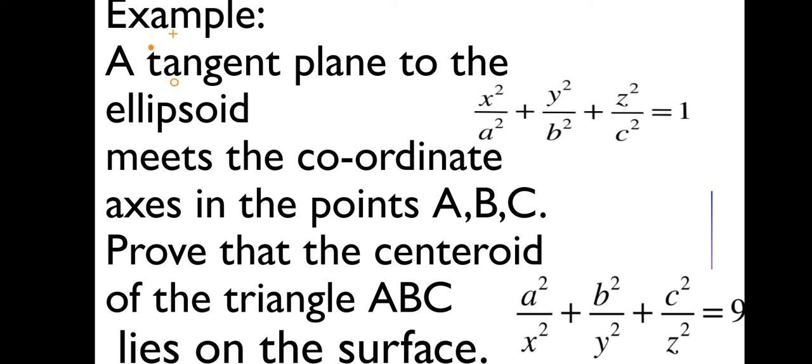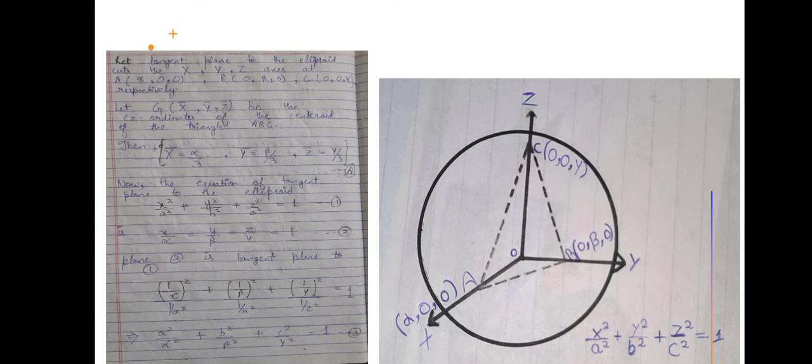Prove that the centroid of the triangle ABC lies on the surface a square upon x square plus b square upon y square plus c square upon z square is equal to 9. This is the diagram.